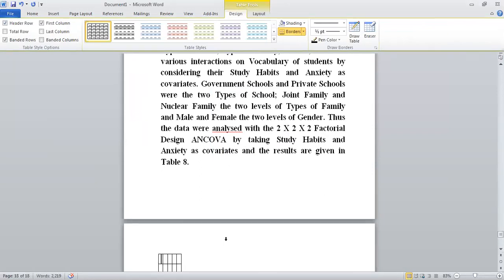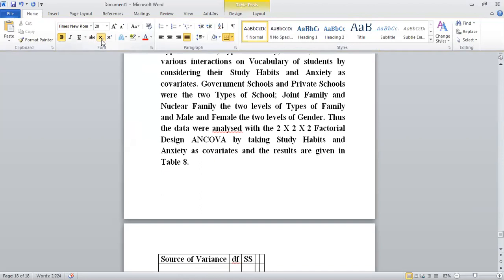Now here is source of variance, then DF, then SS y dot x, then MSS, again y dot x, and now in this case F y dot x, and then P values.